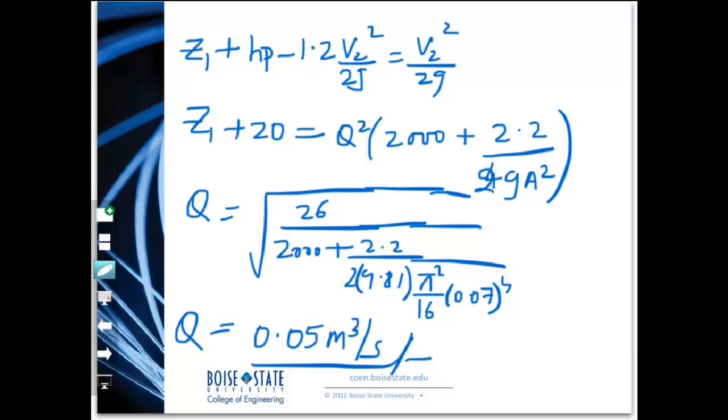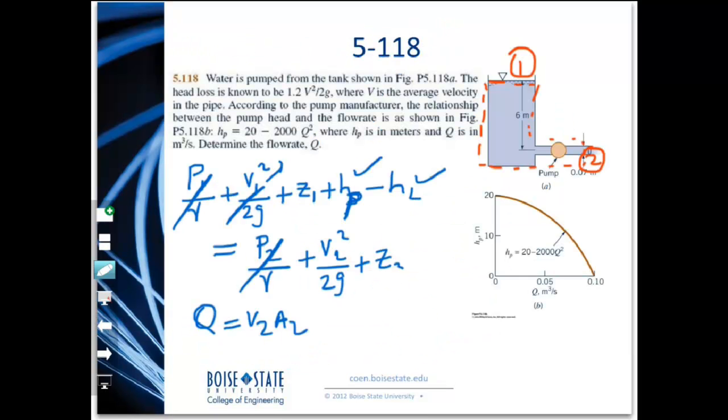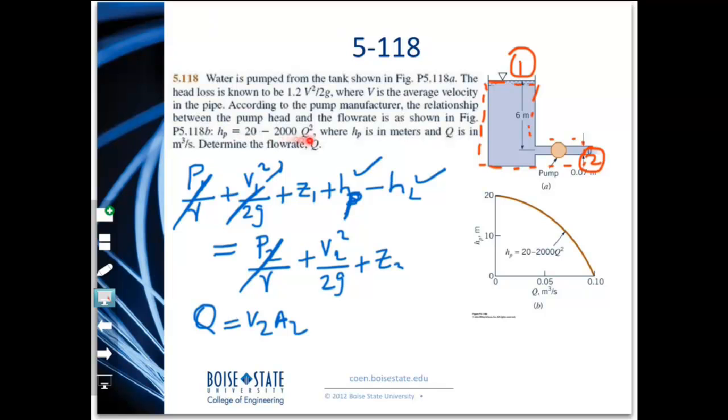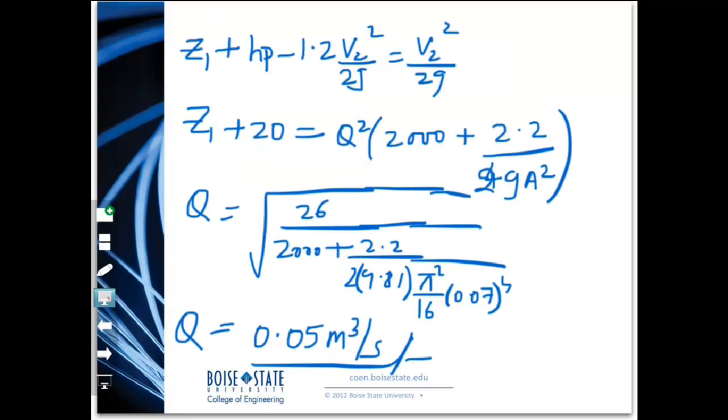So in this case, all you did was write the energy equation between 1 and 2, and then write the whole equation in terms of one variable, because essentially we have one equation, right? We could transform the whole equation into one variable because we knew HP is a function of Q square, so that helped us.